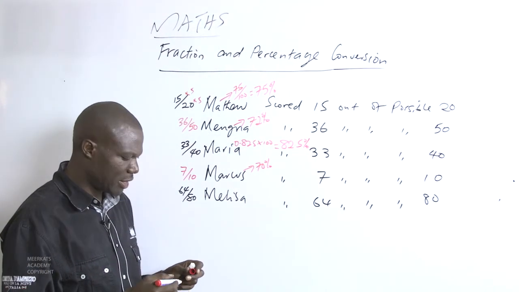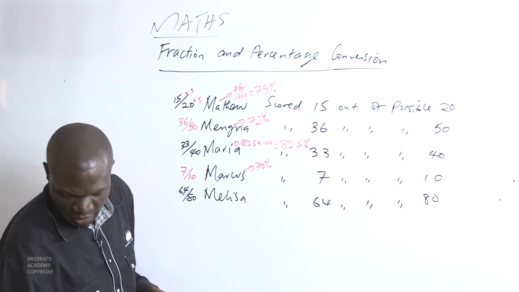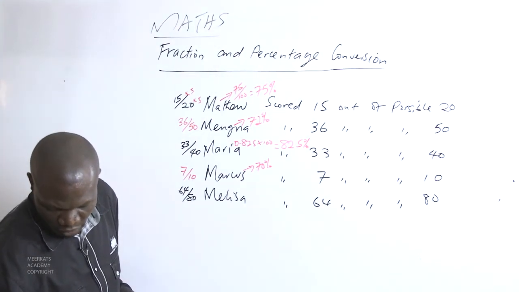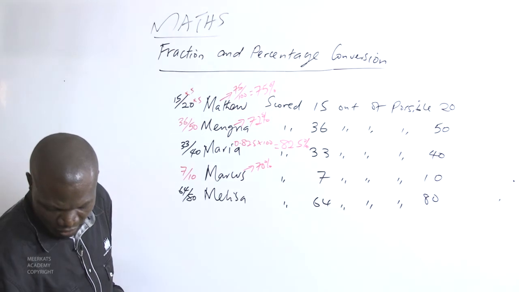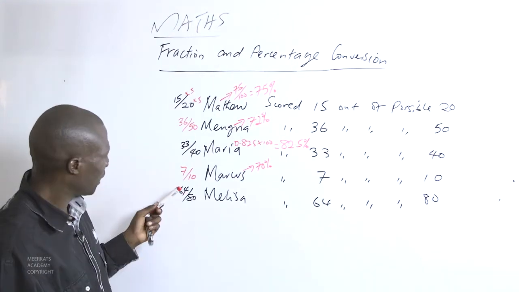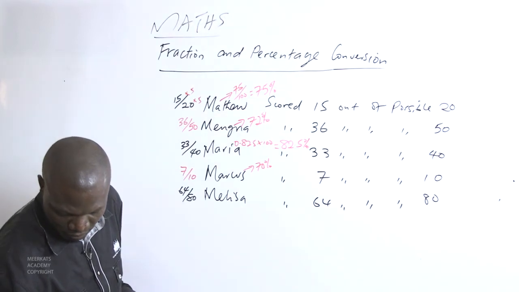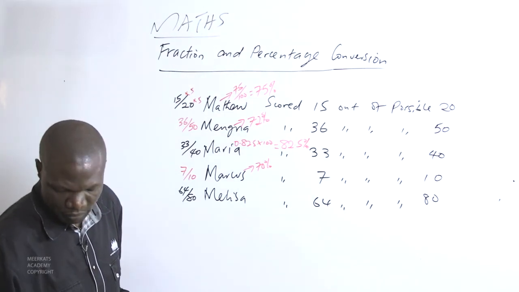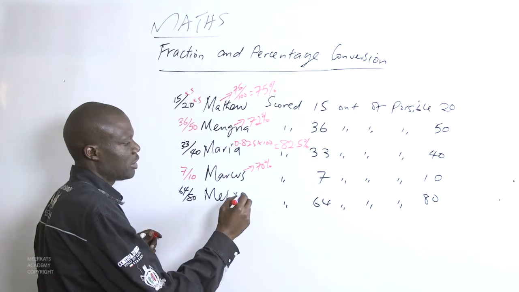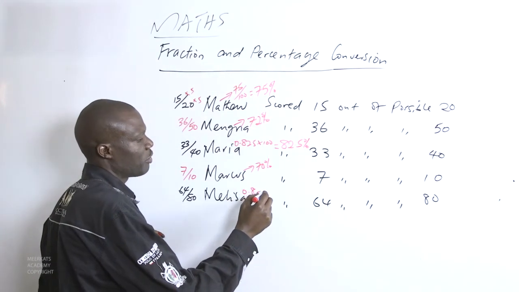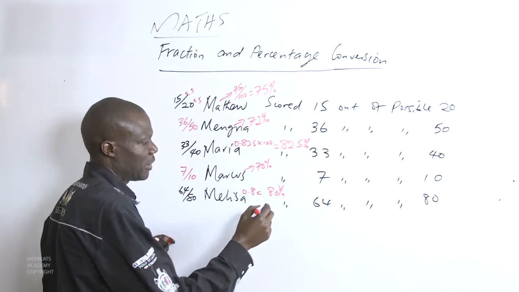We have Melissa's case. In Melissa's case, we find that it is 64 over 80. This one gives us 0.8, which is equivalent to 80%.